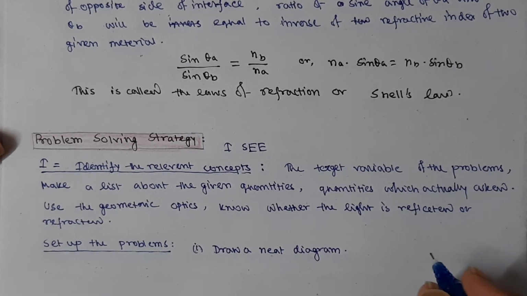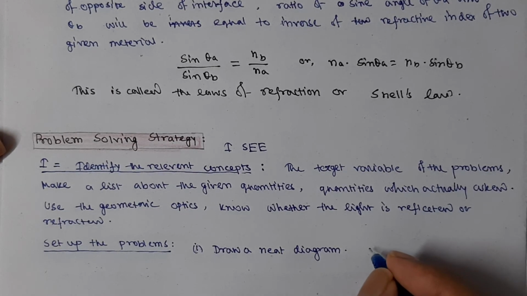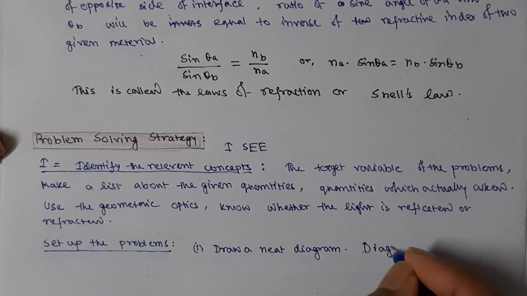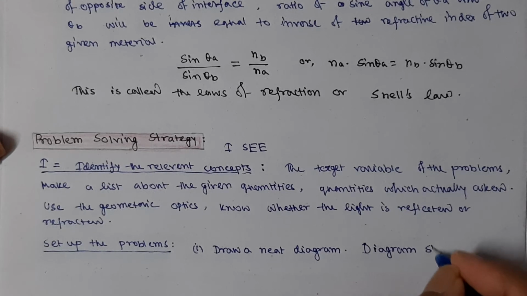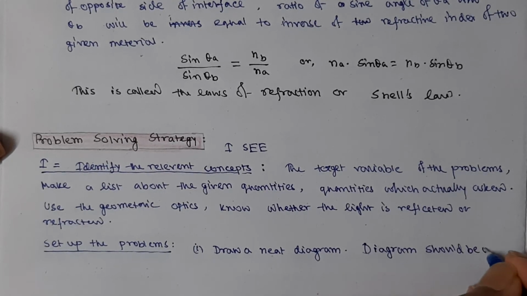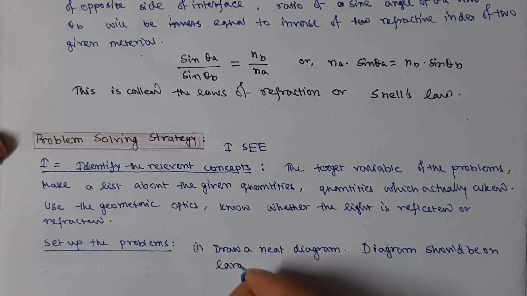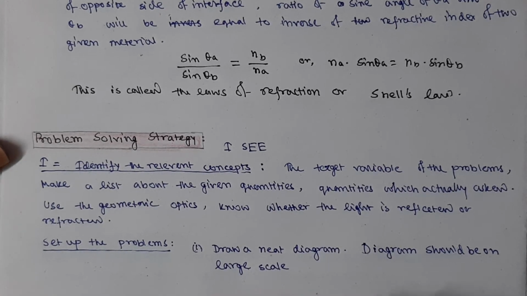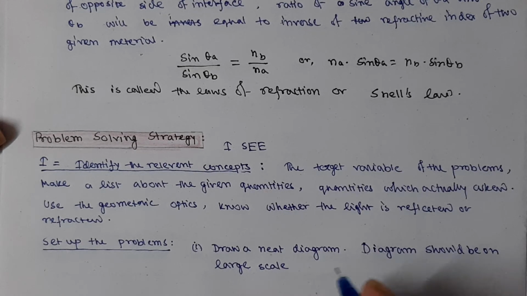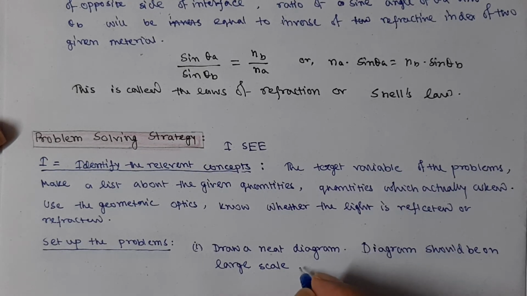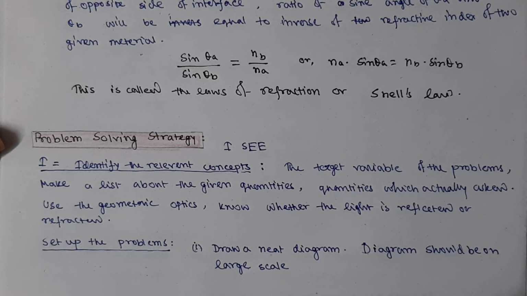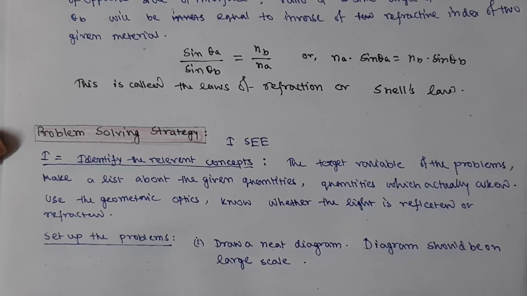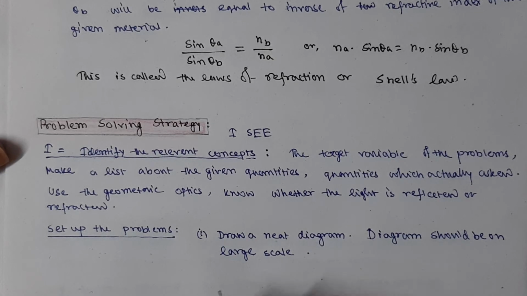The diagram should be on a large scale, not a small picture. It is not extremely large, but a medium-large picture. We also identify the target variables.